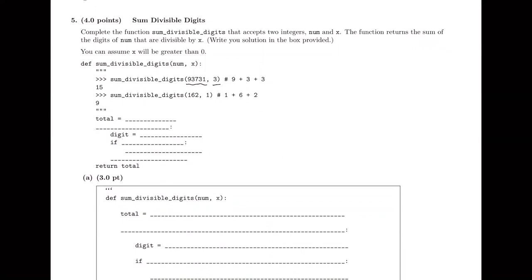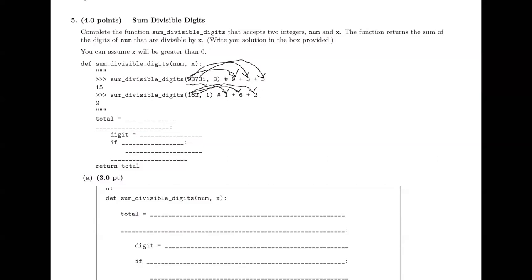So 1 is not divisible by 3, so we don't include it. 3 is divisible by 3, so we add it here. 7 is not divisible by 3, so we ignore it. This 3 is divisible by 3, so we add it here. 9 is divisible by 3, so we add it here. And same thing with 162 and 1. Every digit is divisible by 1, so that's why we just add every single digit in 162 here.